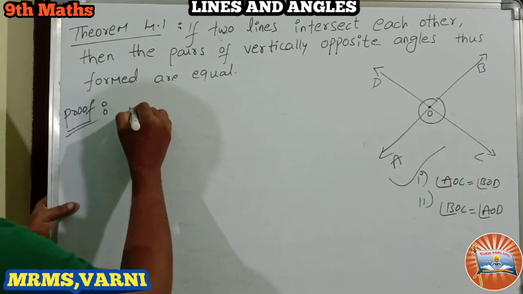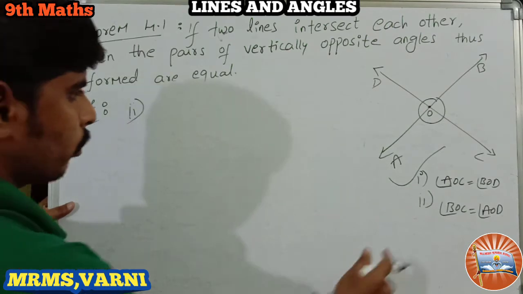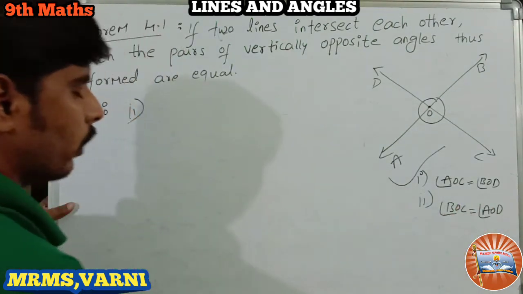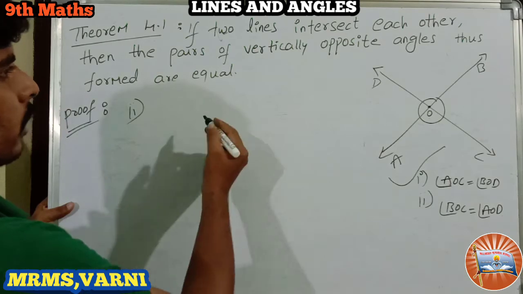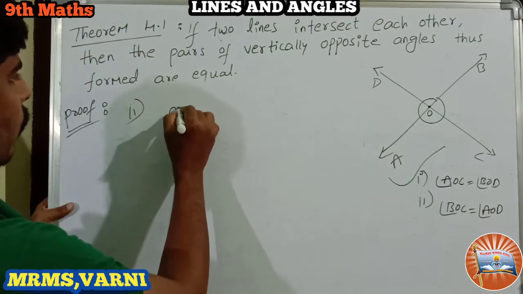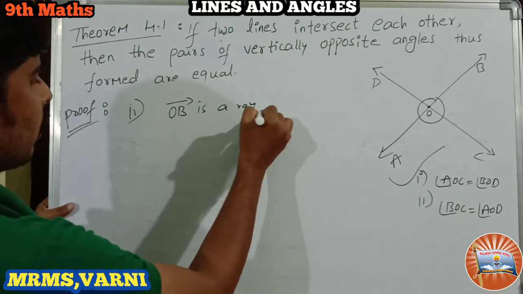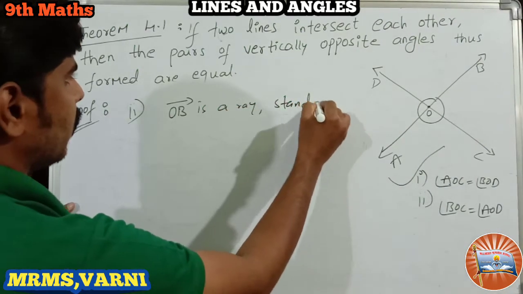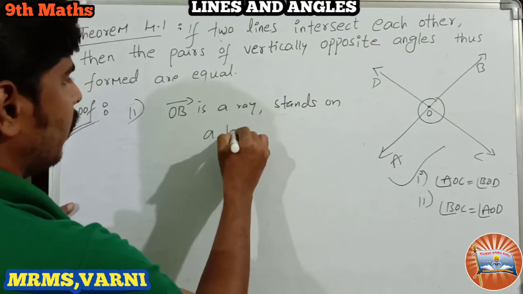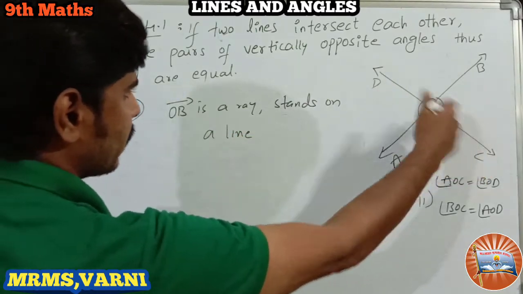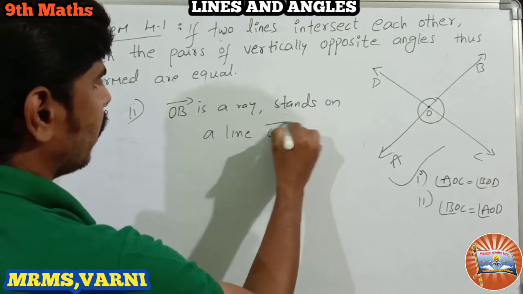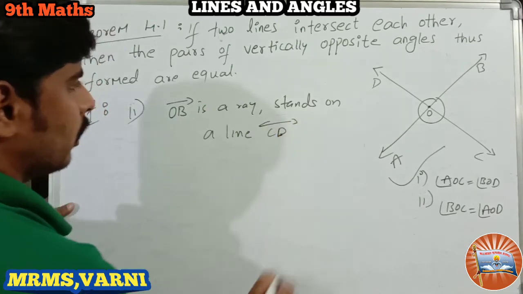Right. So what do we have to prove? We have to prove angle BOC equals angle AOD. Okay. So take ray OB. OB is a ray and it stands on line CD. Is it clear? Right.